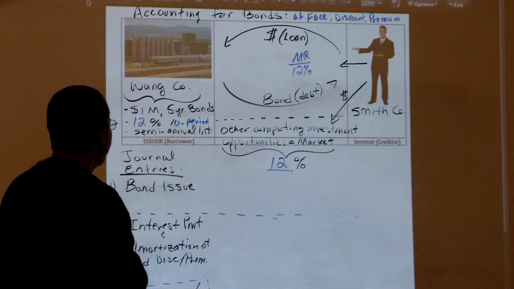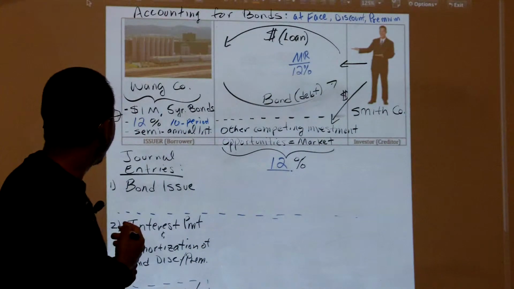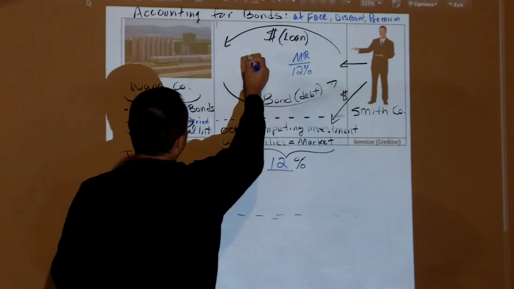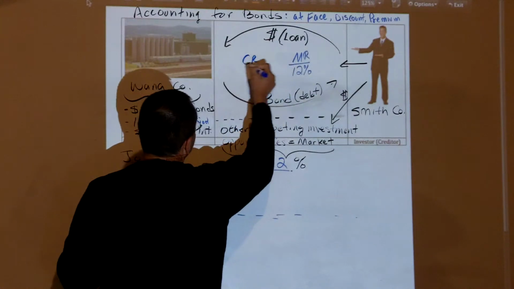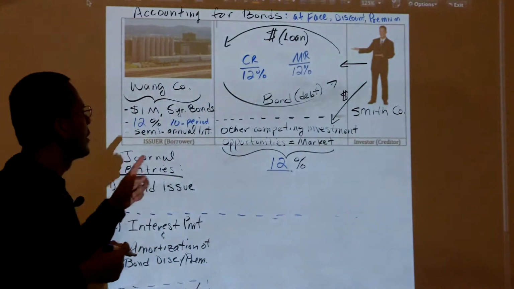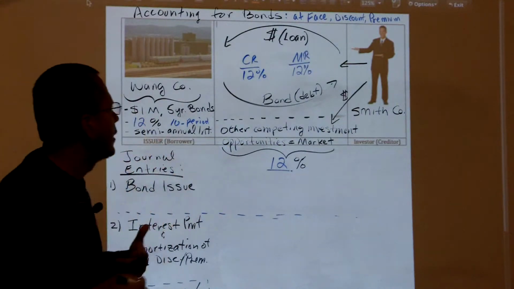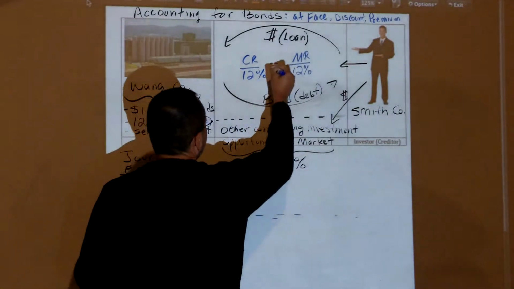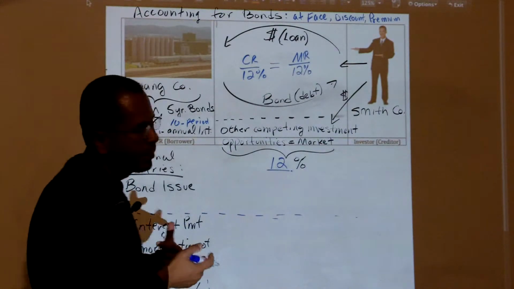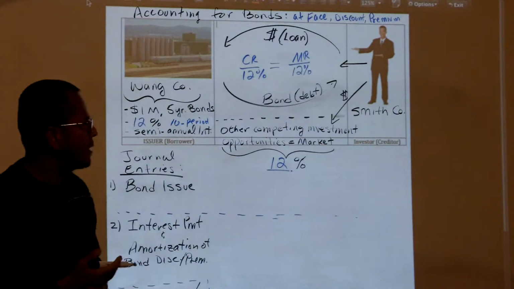Going back to the return on this contract, the 12% here is referred to as a contract rate because it's a contract on the bonds. And as you can see, there's no difference between the contract rate and the market rate. For that reason, there's no need to adjust the pricing of the bonds.